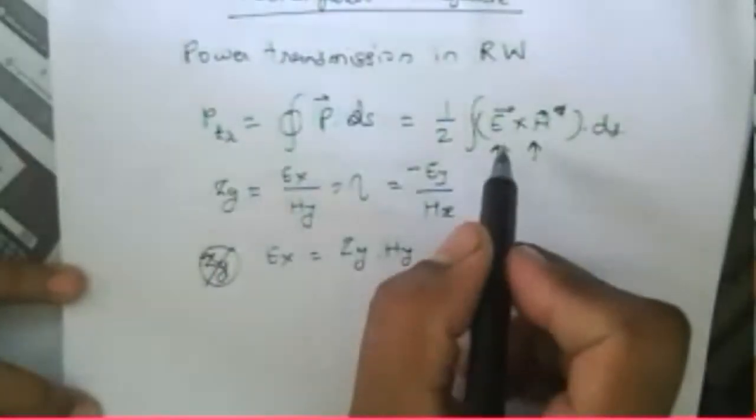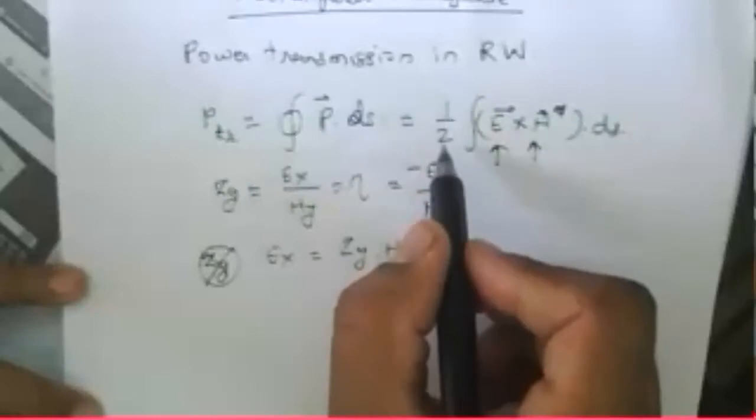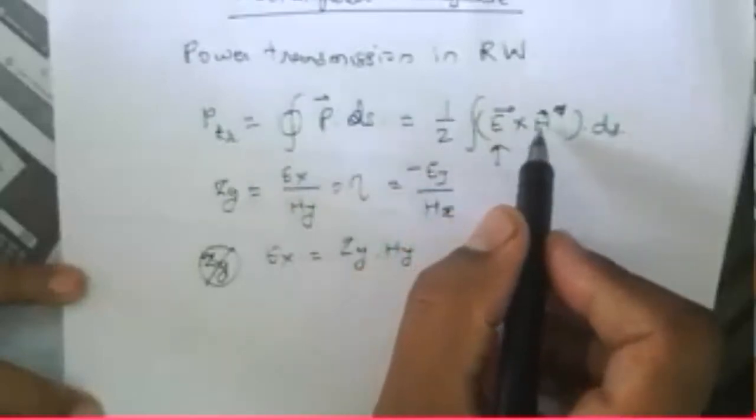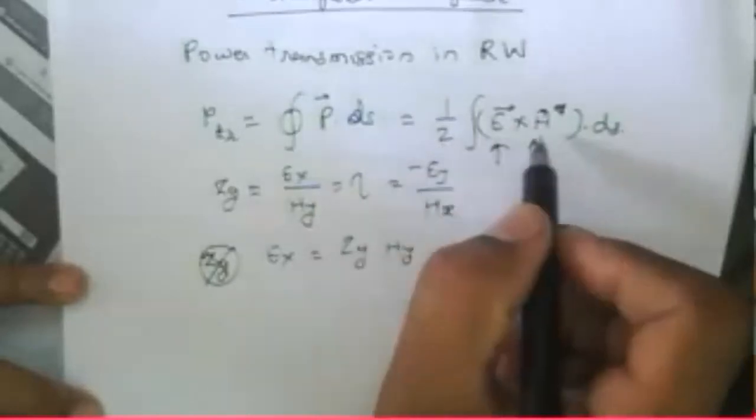So if I have written Ex is equal to Zg into Hy, then what happens? This will be 1 by 2 Hy Hy, that's why it will be H square Zg by 2.